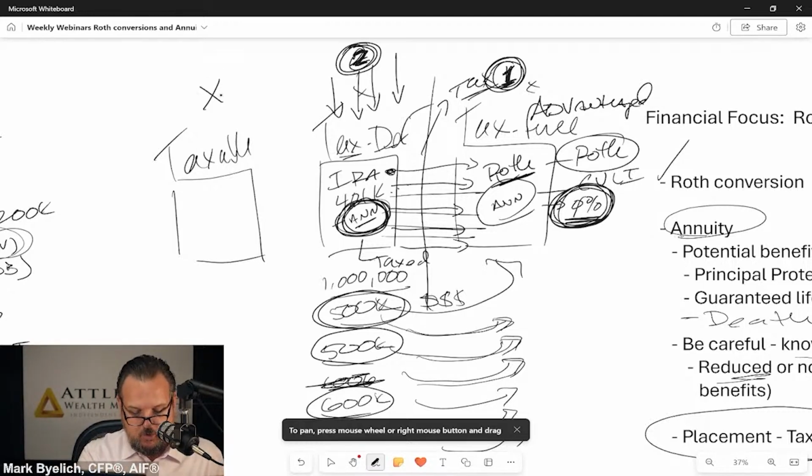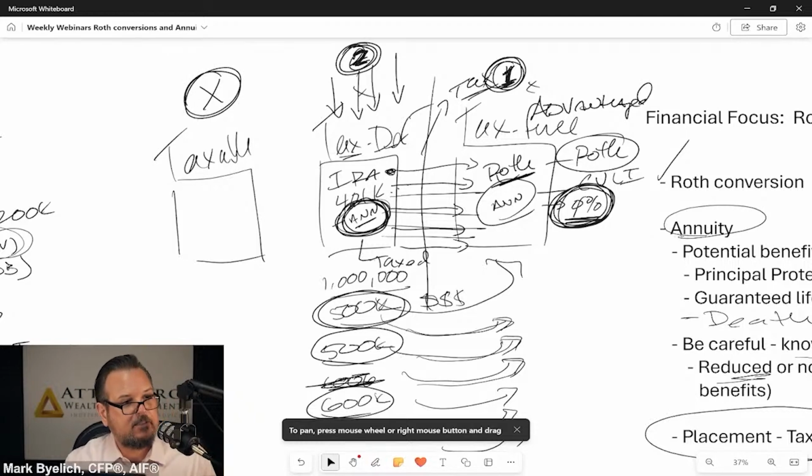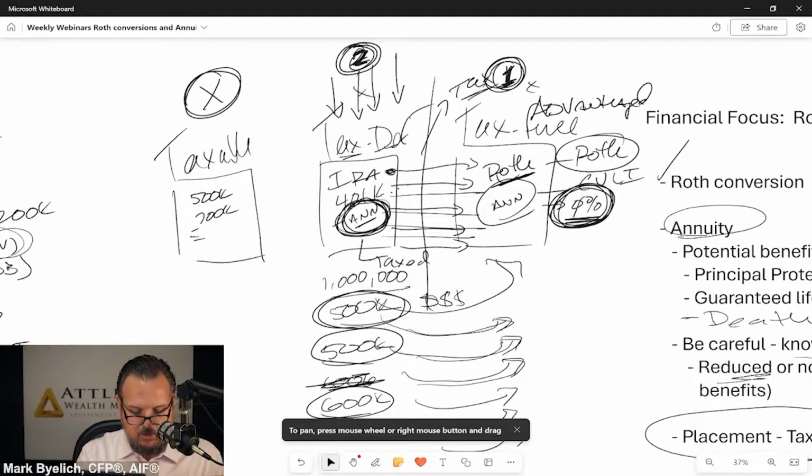Hardly ever do we want the annuities to be in the taxable bucket, because if your journey is a tax efficient journey, if you think taxes are going to be higher in the future, if this annuity grows, let's use that same $500,000 with a $700,000 future value, and that continues to grow. When you take distributions, you're going to be taxed, right?